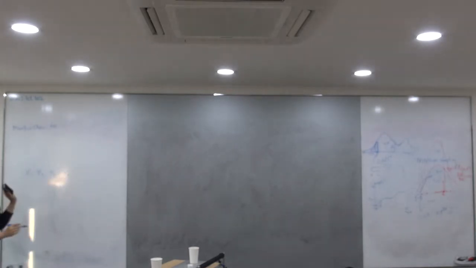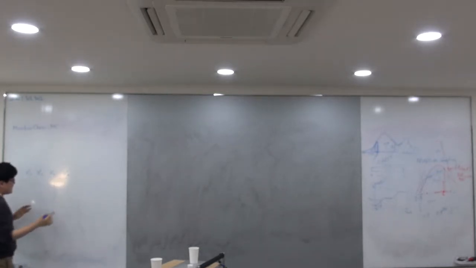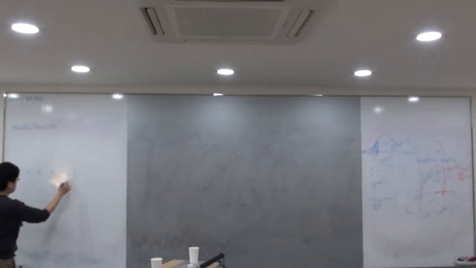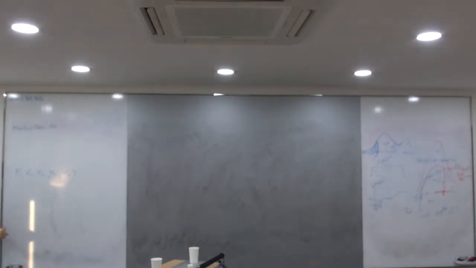These are not IID random variables. It's just a sequence of random variables, and there's a dependency. So x4 is related to x3. There could be many other different dependencies. And if you want to decompose this joint distribution, what at least you can do is something like this.